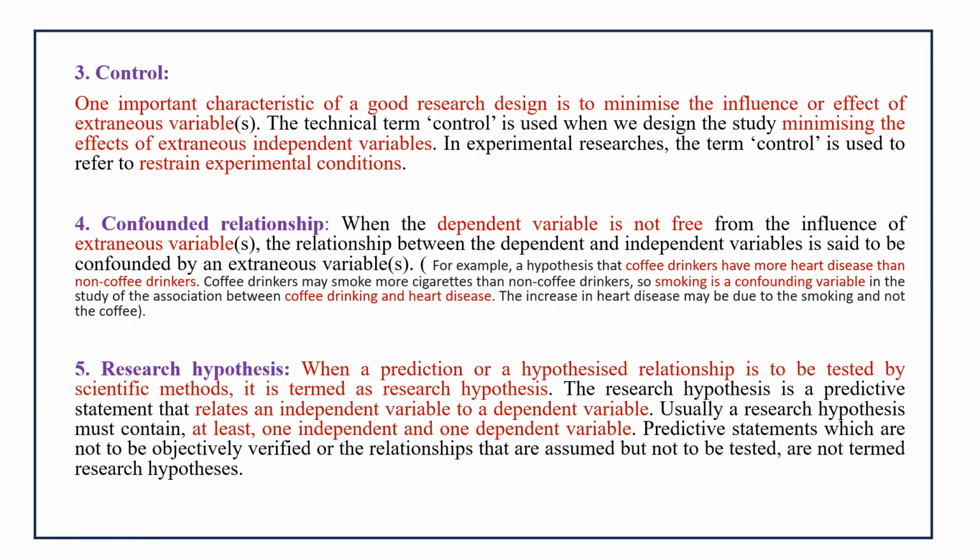So when you are saying any research hypothesis, there must be a dependent variable and there must be an independent variable. At least one dependent variable and one independent variable is a must whenever you are preparing your research hypothesis.